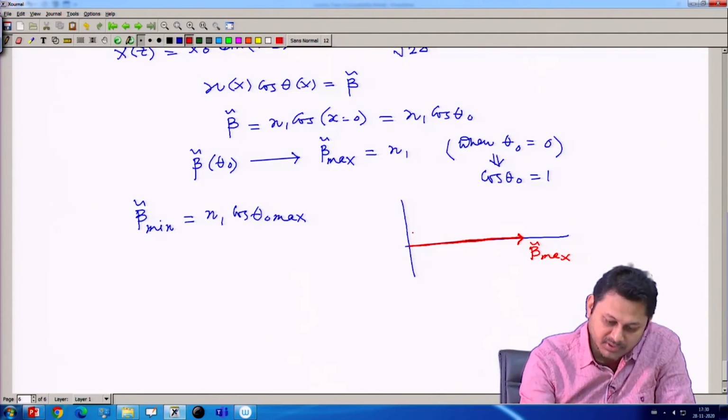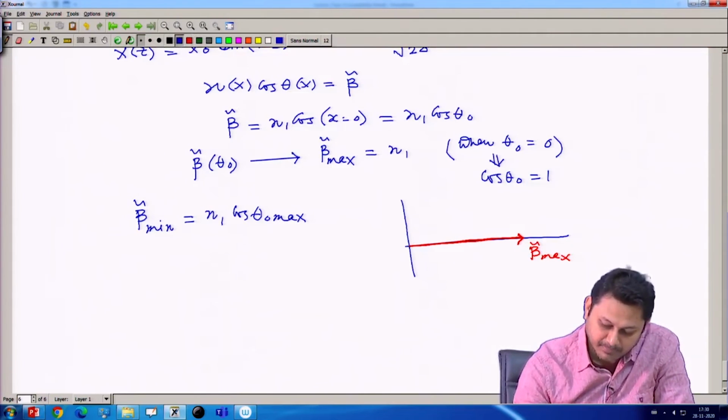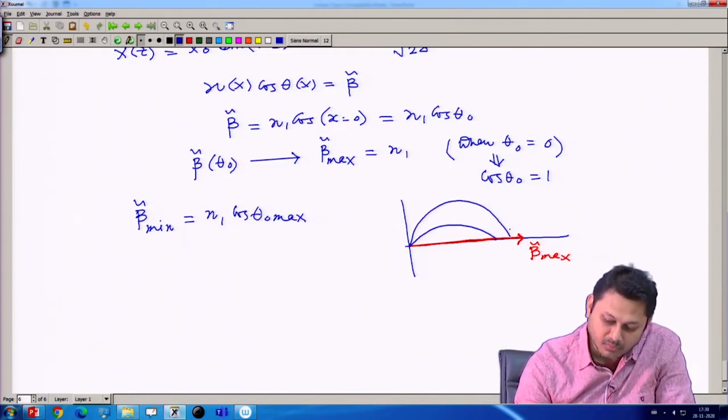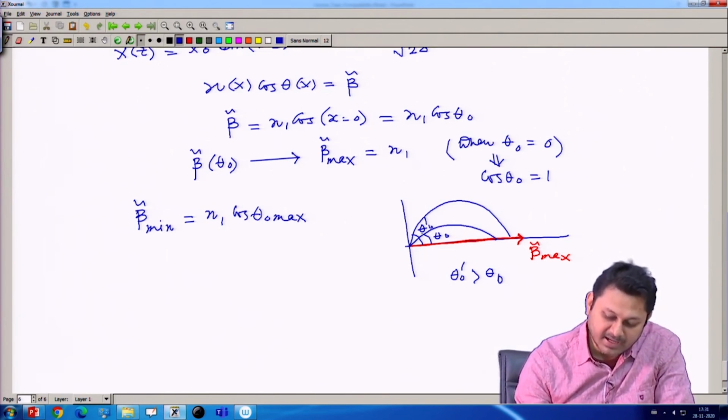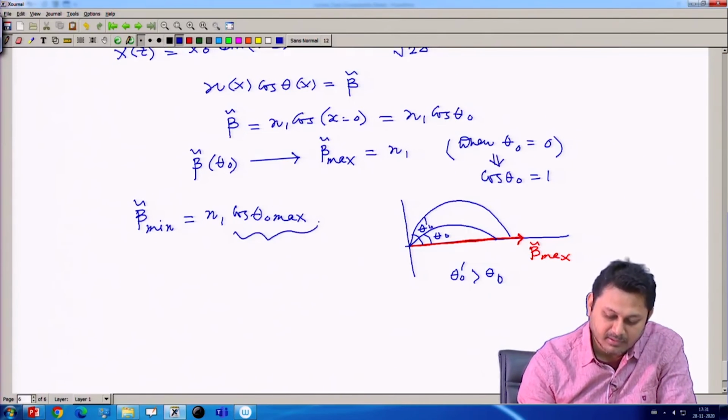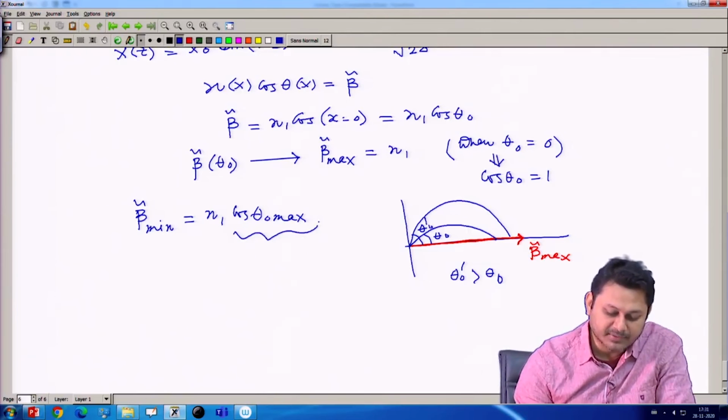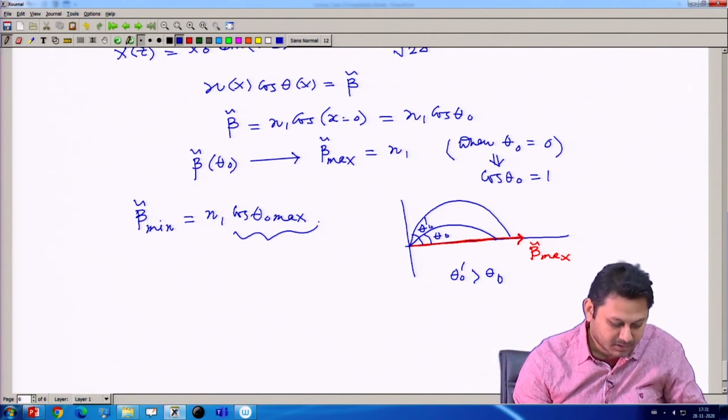Gradually, if I launch with an angle, suppose I am launching this one, what happens is that this angle is going to increase, and if this angle increases, then the cos theta value also decreases, because if theta increases, cos theta will have its minimum value, and then I can have this quantity.